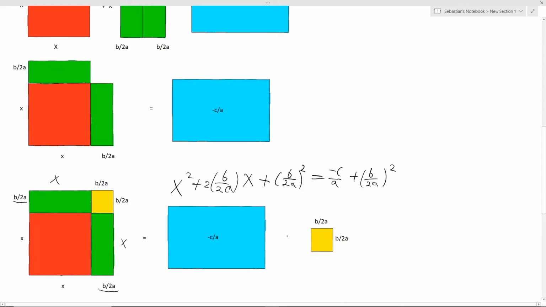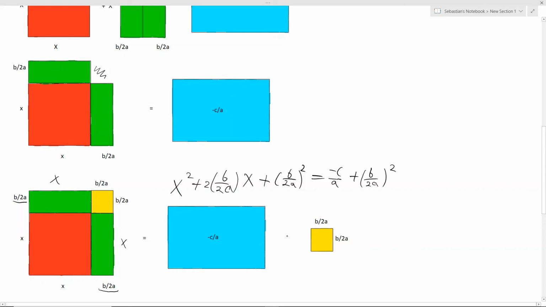And when you look at it in a geometric picture like this, the reason that it's called completing the square becomes quite obvious, because all we're doing is completing this larger square by filling in this missing piece. And that missing piece has side lengths of b over 2a.